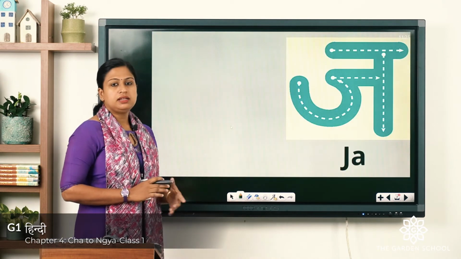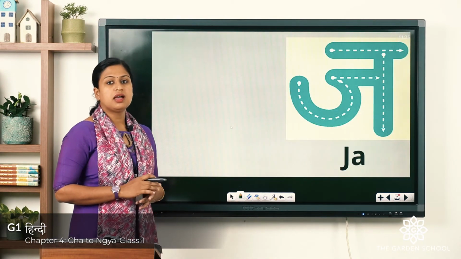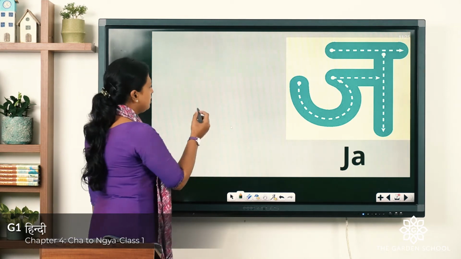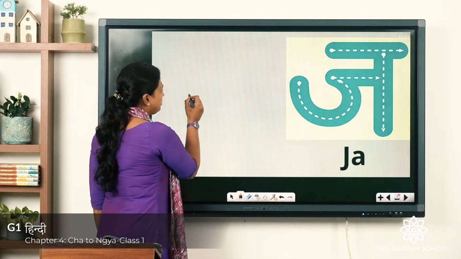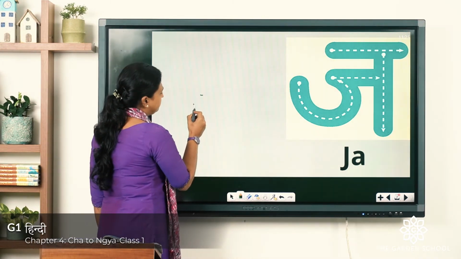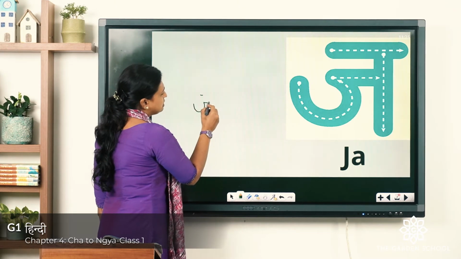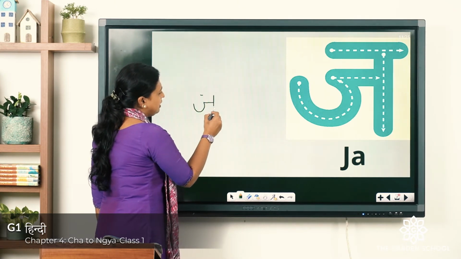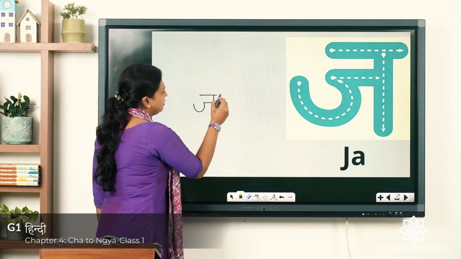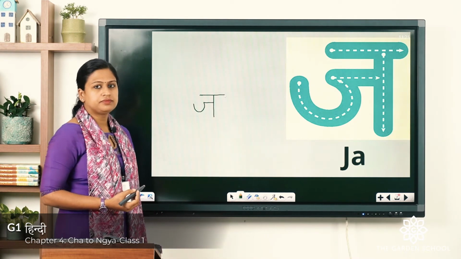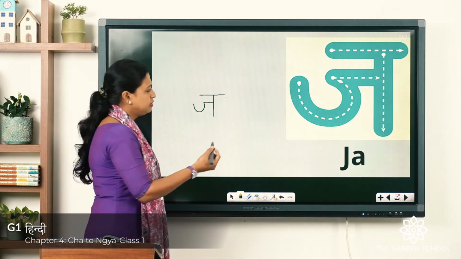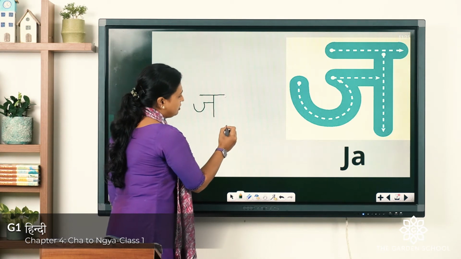Now, the next Vyanjan letter is ja. You have to write it along with me. Write small u, short sleeping line, standing line, and on the top, sleeping line. Once again, I'll show you. It's ja.